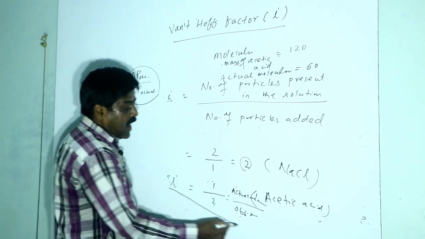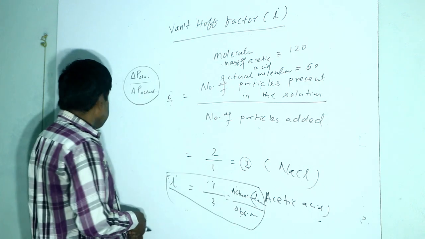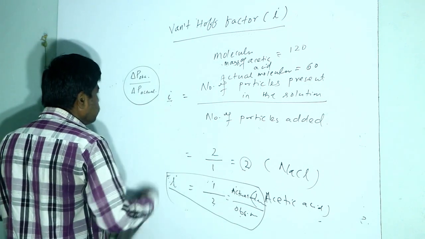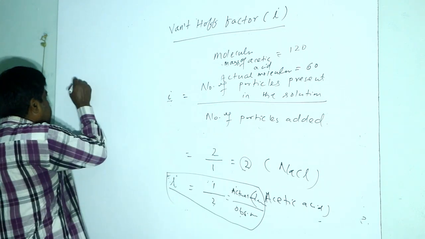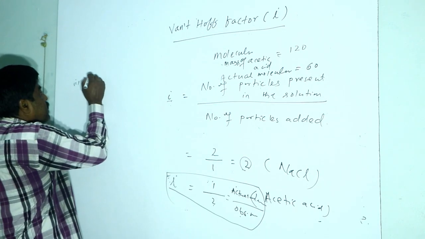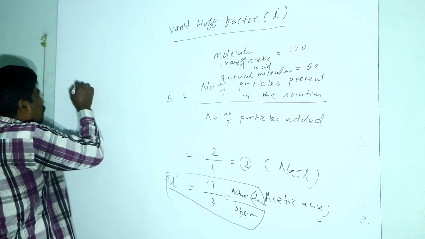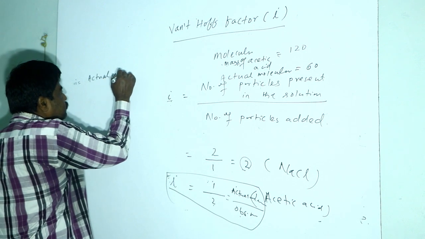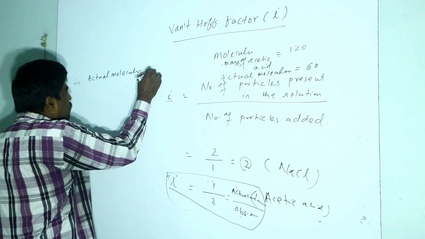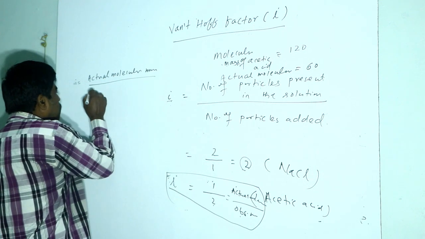This is the value of i. So i is equal to actual molecular mass by observed molecular mass.